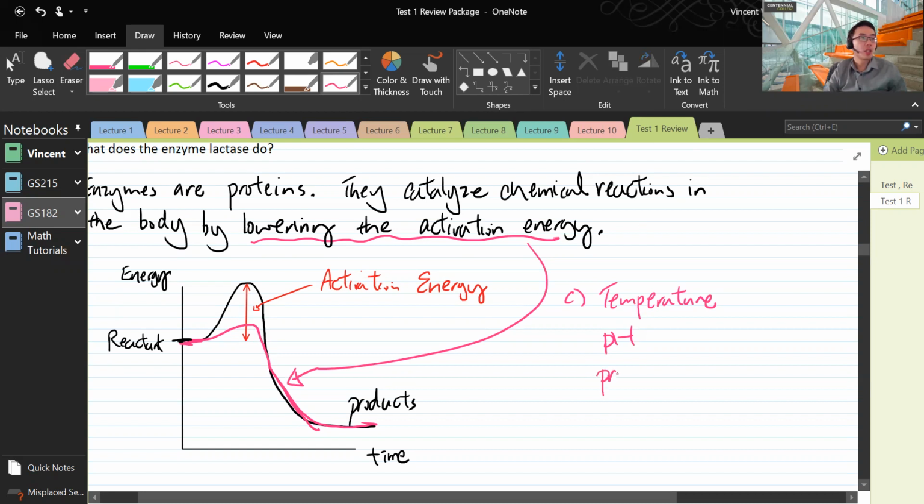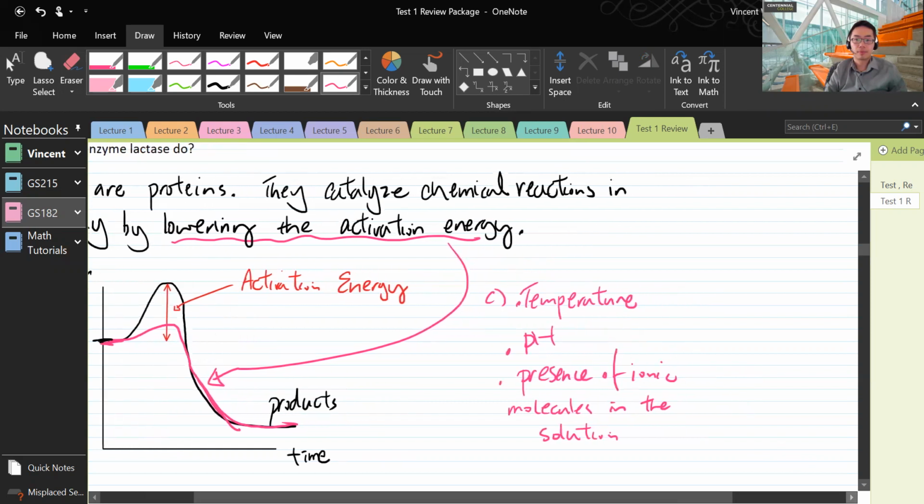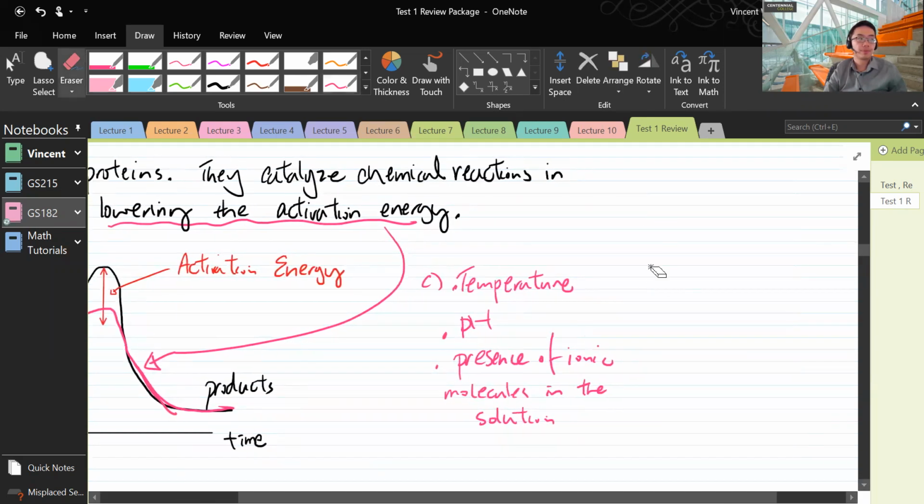Okay, someone said charged ions. Yeah, so the presence of ionic molecules in the surrounding solution could affect it. What else? Anyone else?